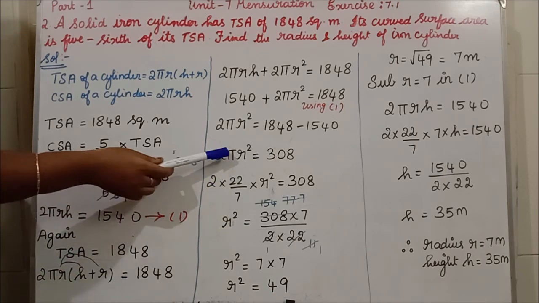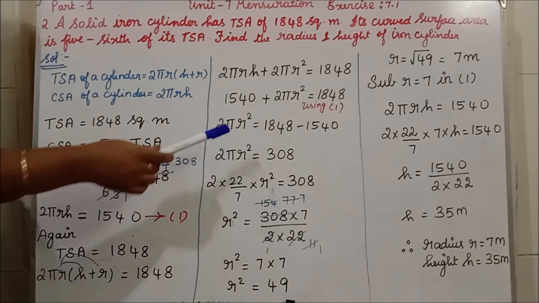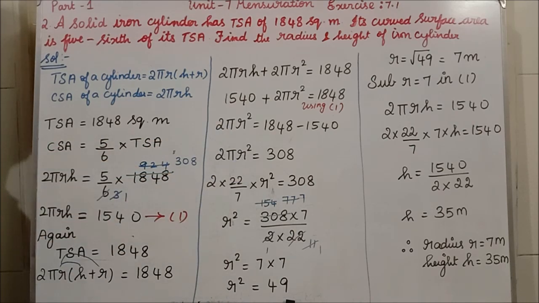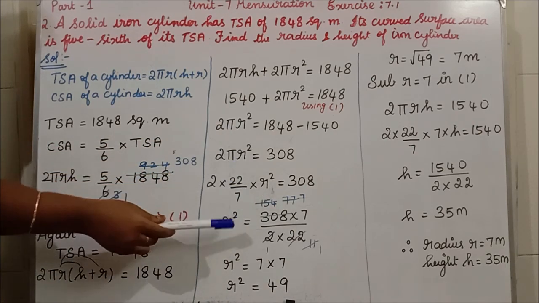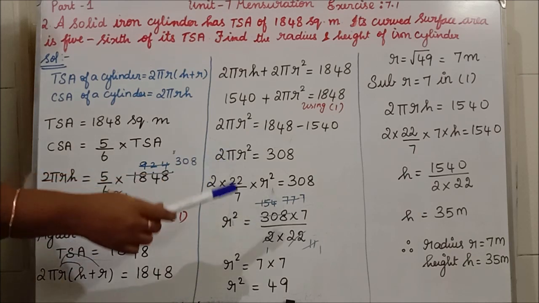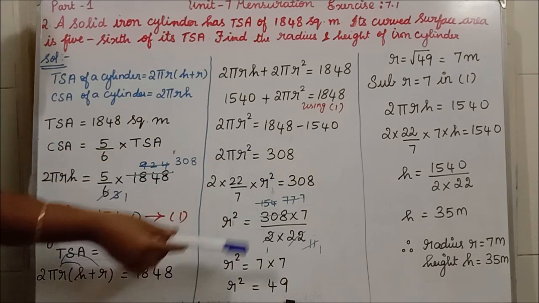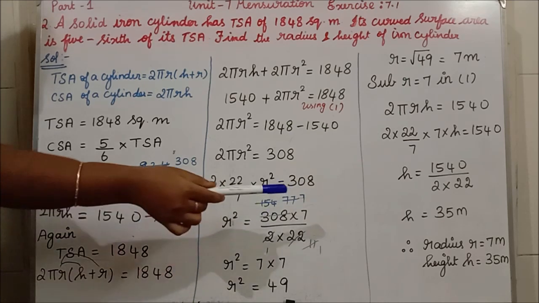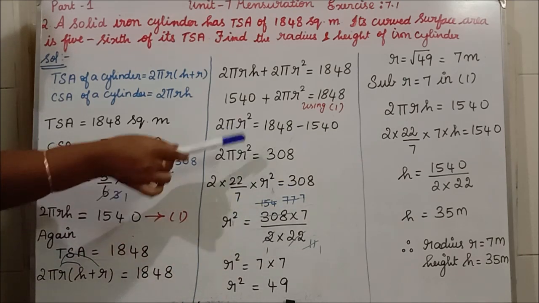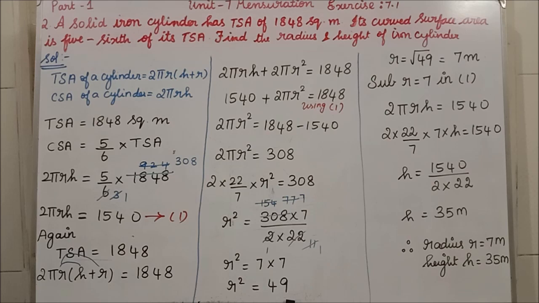So 2 into pi value, 22 by 7, into r square is equal to 308. So r square is equal to 308 into this 7. Denominator 7, if you cross multiply, into 7 we will get, divided by this 2 into 22 will go to the denominator. Clear?